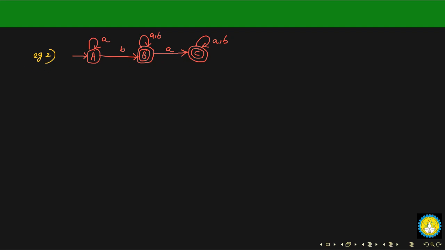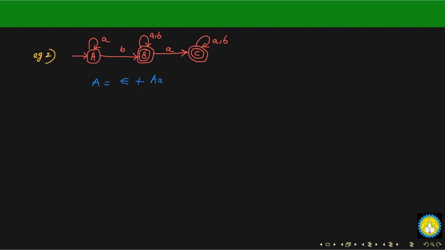Let's start by writing the regular expression for A. If you look at the state A, it can be epsilon because it's a starting state, plus, the way to reach state A is by having a transition on A that gets back to A itself. So we can write it as AA.